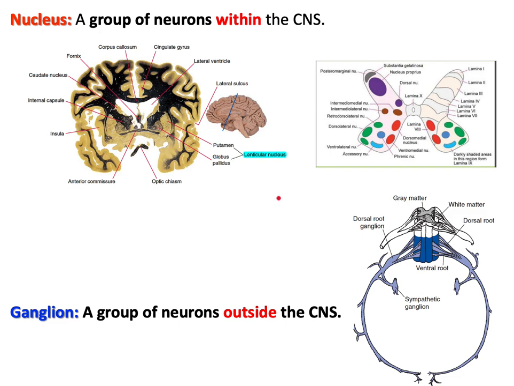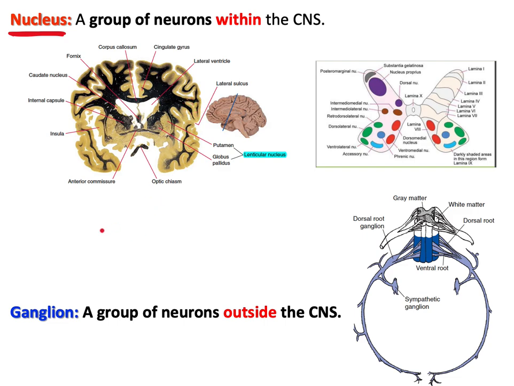So now there are, I would say, a couple of terms I would like you to know. There is a kind of nucleus. Maybe you heard about nucleus in the cells, but here in the brain it is something different.